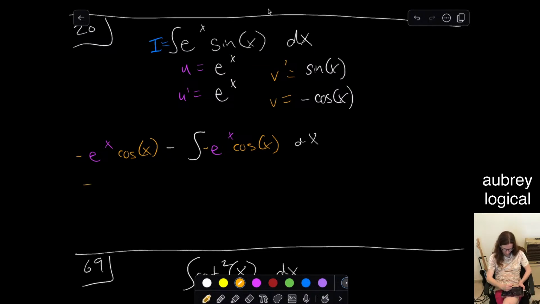Oh yeah, I have to pick another u and dv. So we can go ahead and get that negative out of there, and we just have a positive there now. Picking our u and our v prime.